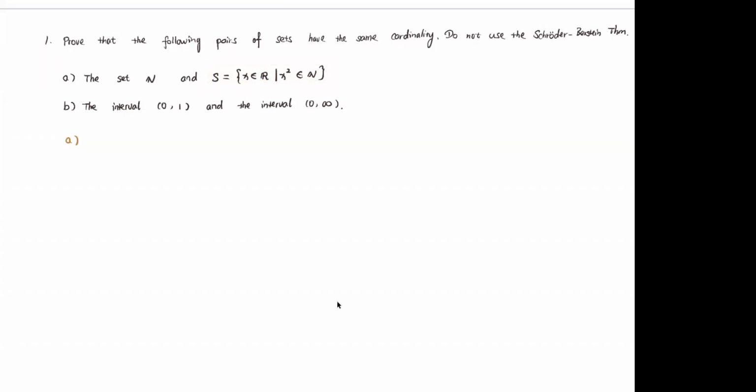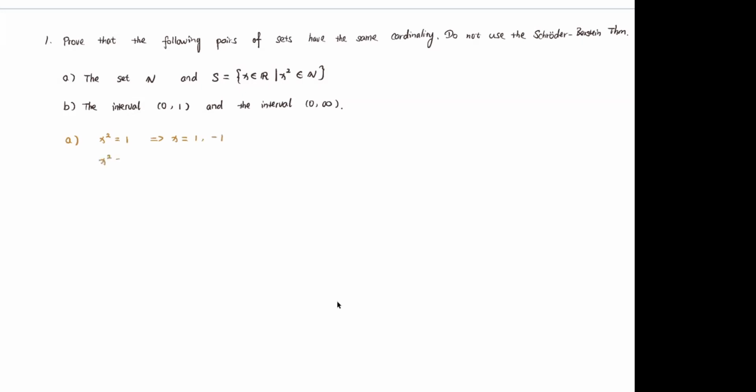The first natural number is 1. So we have x squared equals 1. What does that give us for x? So our x could be what? Okay, 1 and negative 1.